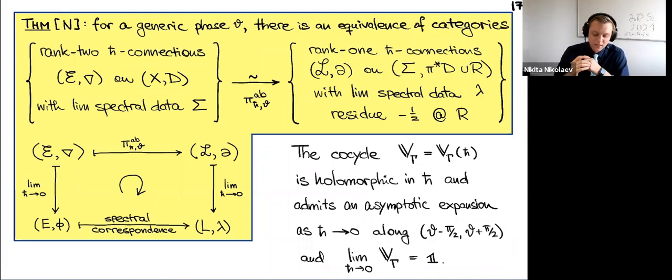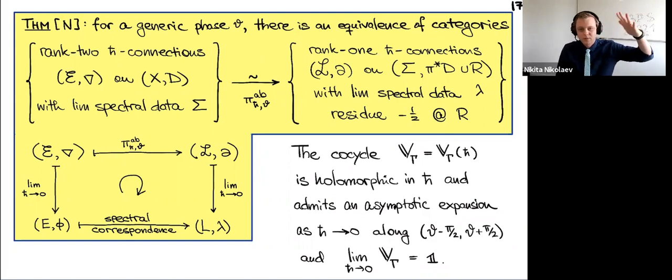And so what turns out is that this cocycle is first of all holomorphic in H-bar, simply because all the filtrations and all the steps that I did, everything is holomorphic in H-bar in this sectorial domain, and they admit correct asymptotics. So they have an asymptotic expansion in this half plane in the direction theta.